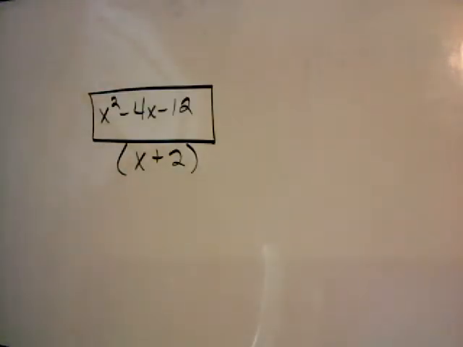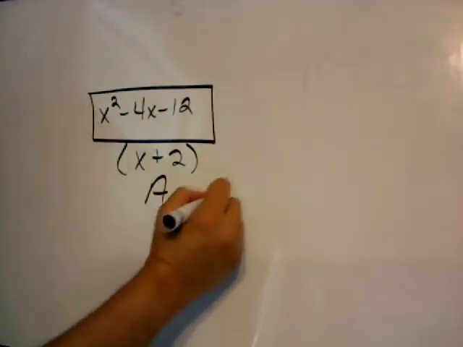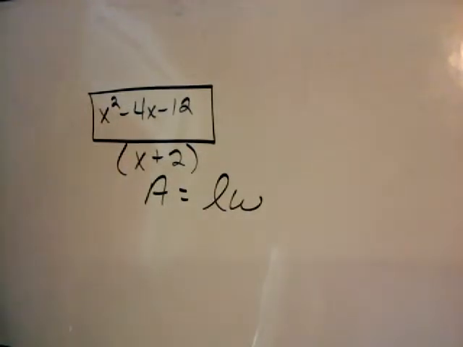Okay, let's look at number 31. It says a rectangle has an area represented by x squared minus 4x minus 12 square feet. If the length is x plus 2 feet, what is the width of the rectangle? Now again, this is area equals length times width.